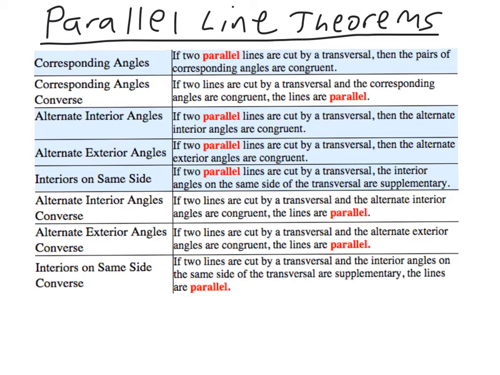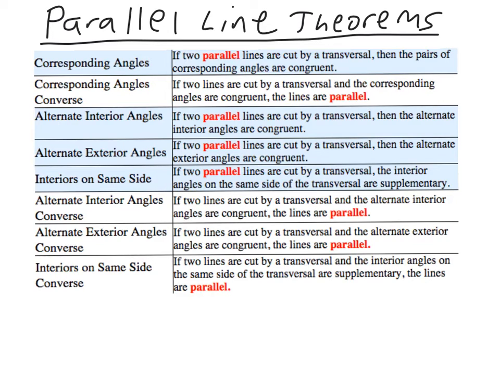And that's also true with the alternate interior and the alternate exterior. And the same side interiors are that if two lines are cut by a transversal and the same side interiors are supplementary, then the lines are parallel.